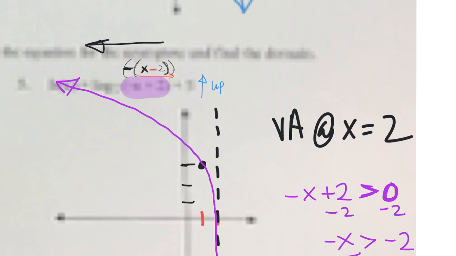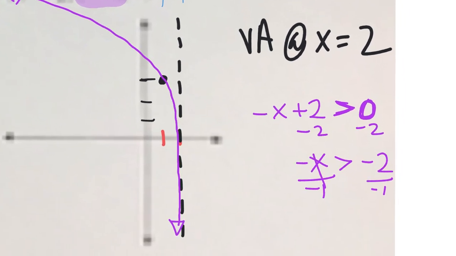And divide by negative 1. And what happens to the inequality when you divide by a negative? It flips. So x has to be less than positive 2. If x is less than positive 2, the graph opens to the left. So it's negative infinity to positive 2 is your domain. Okay, if x is less than 2, that means your graph opens to the left.